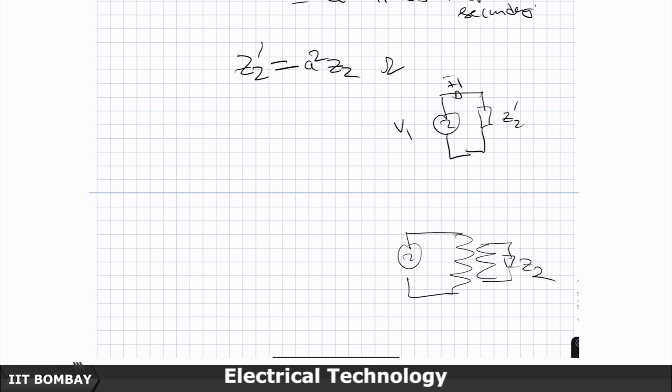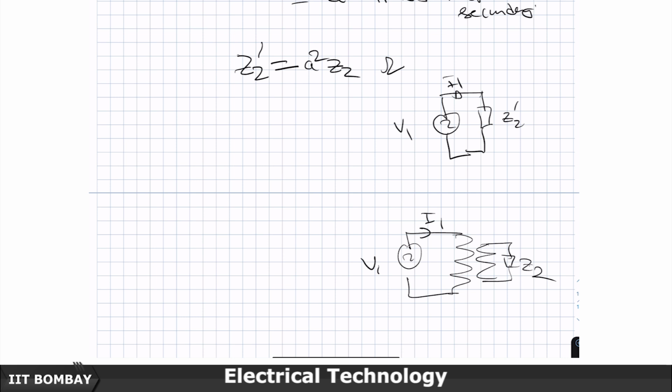It is exactly the same. If this is connected with Z2 here, and here instead I just connect Z2 dash, the V1 and the I1 are not going to be any different. So, the source will not understand that I have replaced the transformer by another equivalent impedance. That is the whole idea of equivalencing.